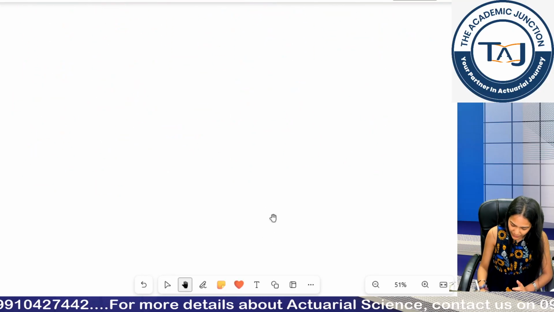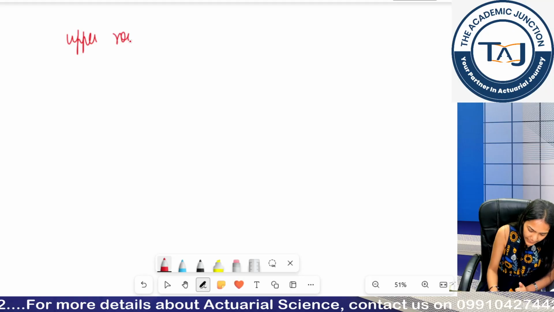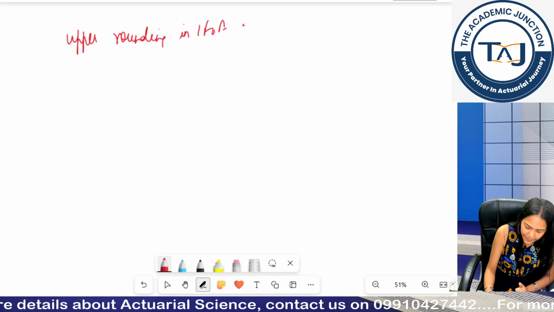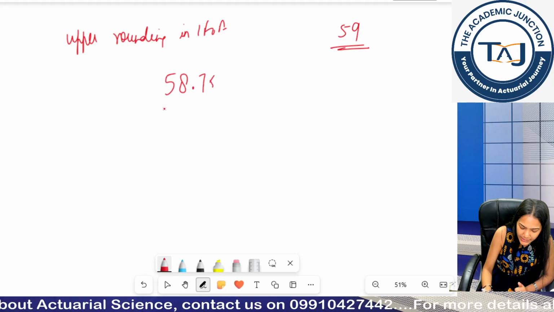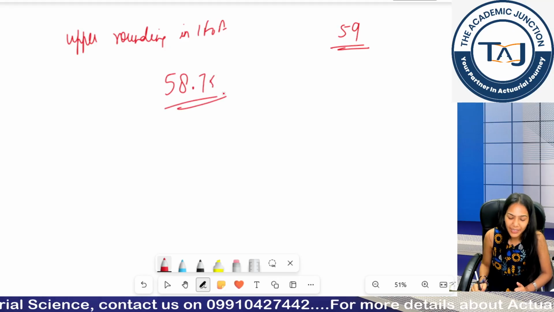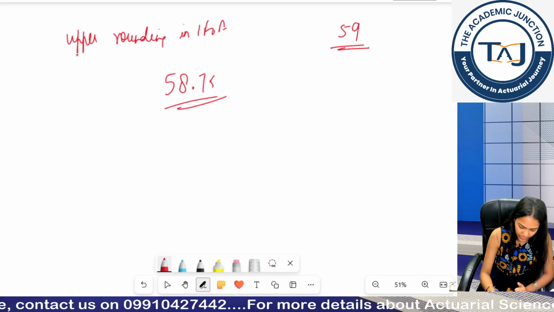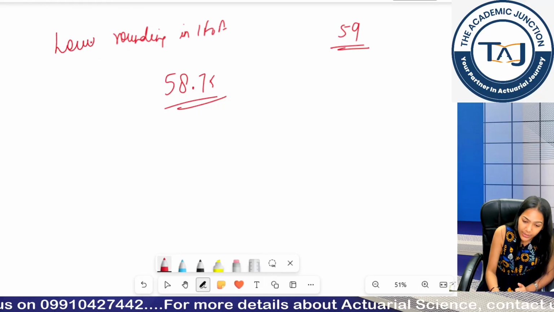Now one more thing is lower rounding in IFOA. For example, if passing is 59 marks and you have received 58.75 marks, okay, you will be failing through IFOA. How? IFOA does lower rounding in the exam.